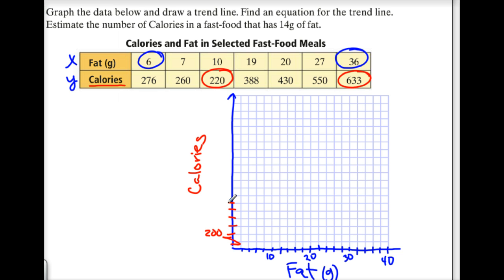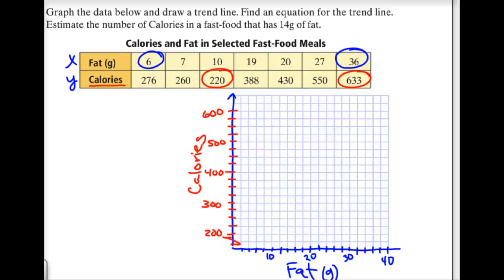So what I mean by that is that every fourth one will be another 100. Okay, and that would get me all the way up to 650. So I started at 200, cut my graph, and now I'm going to graph these points. And that's how you're going to set up your graphs to begin with.